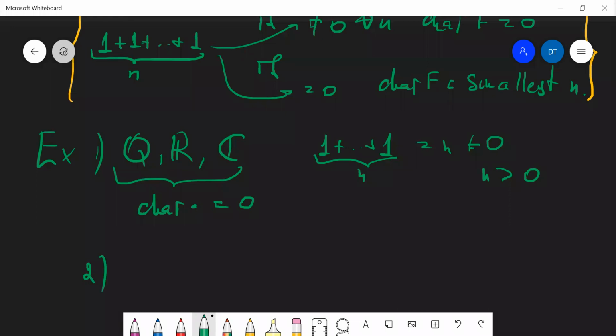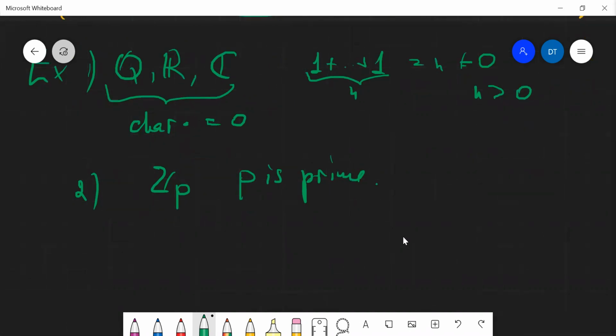And we know another example of a field. If we take Z_p, the remainders modulo a prime number p, where p is prime, then Z_p is a field.